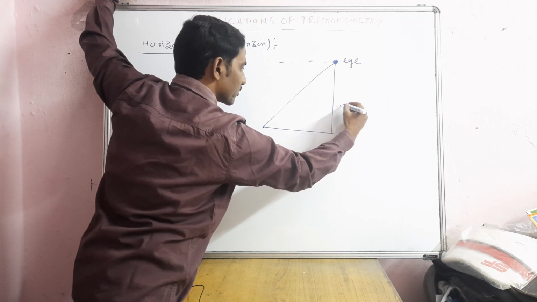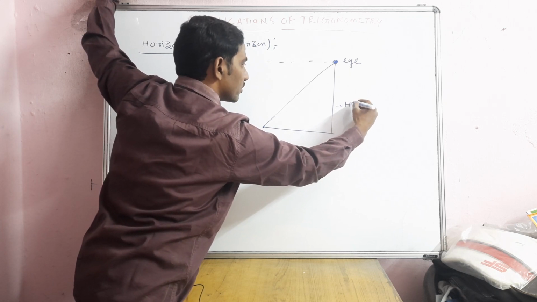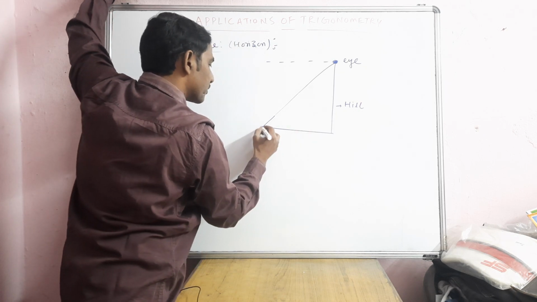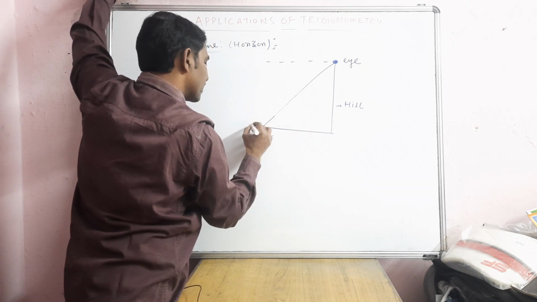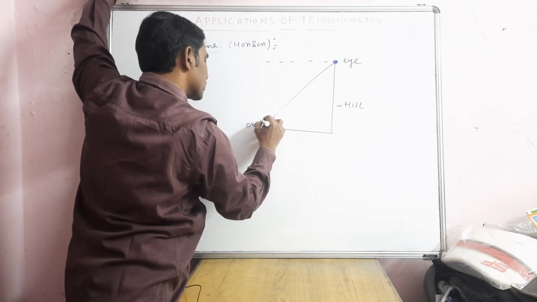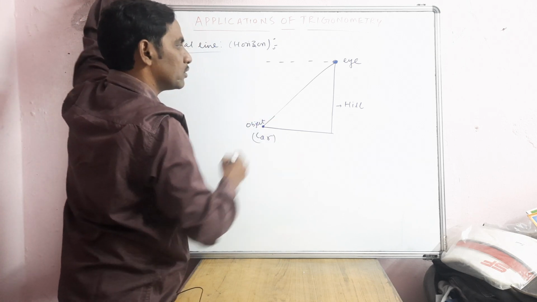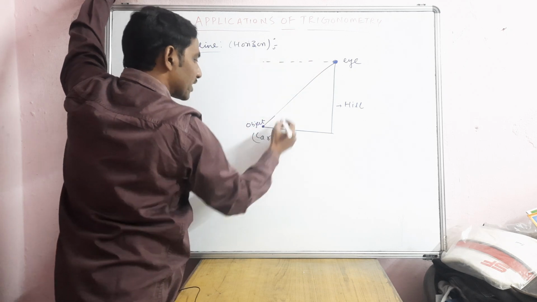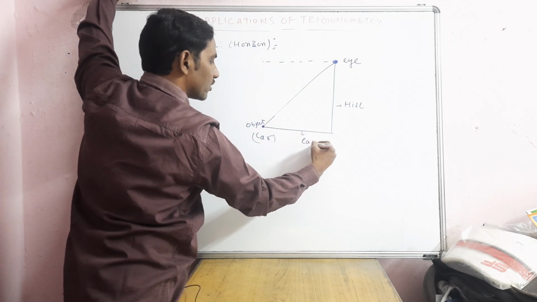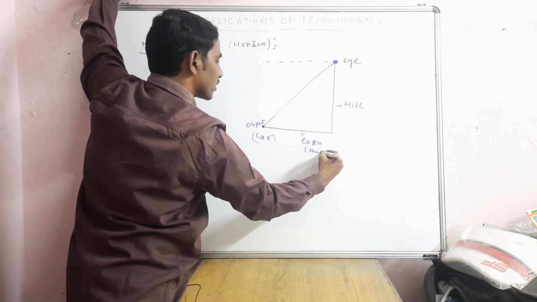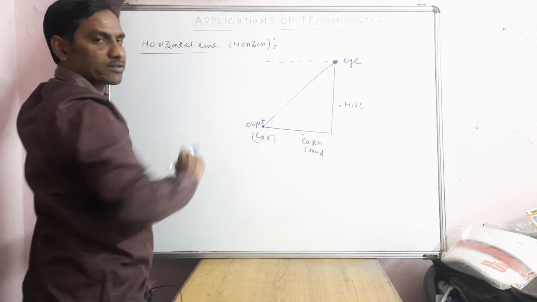The car is considered an object. The line drawn parallel to the earth, the earth line or the road, is called the horizon.